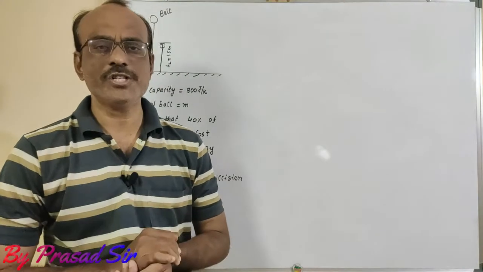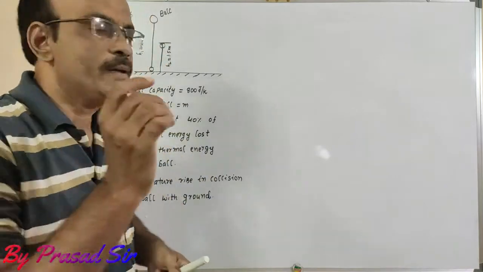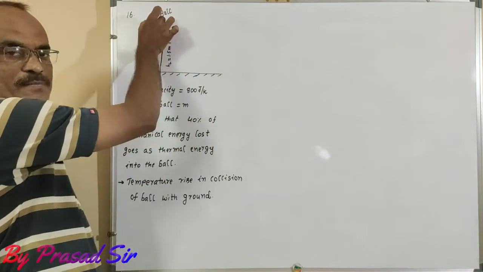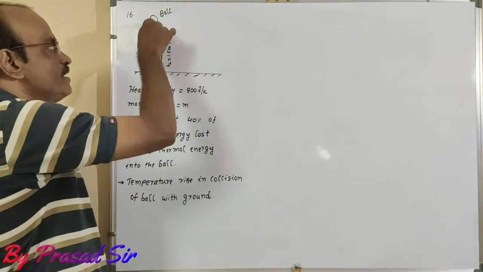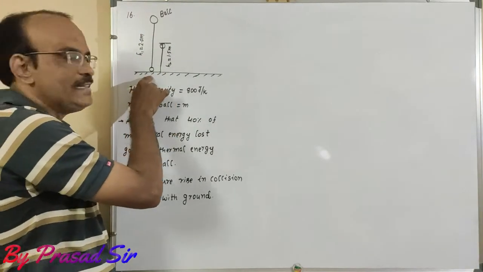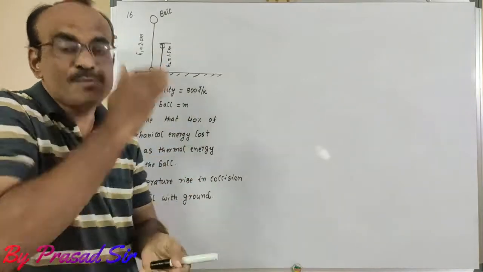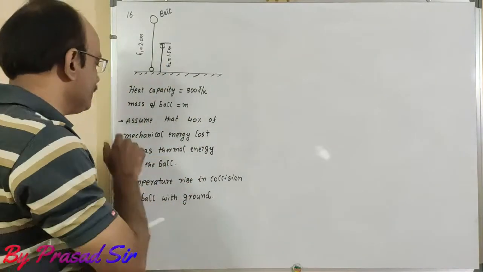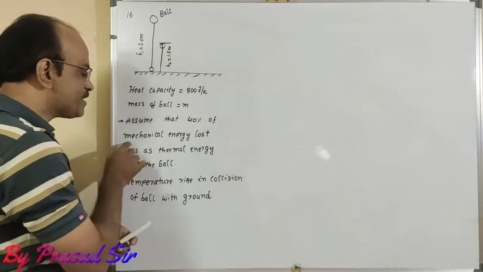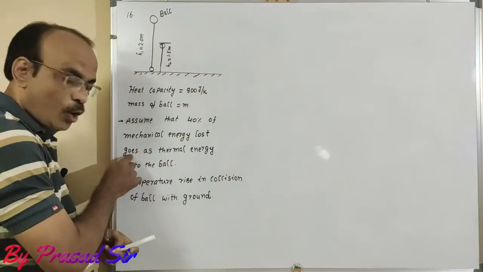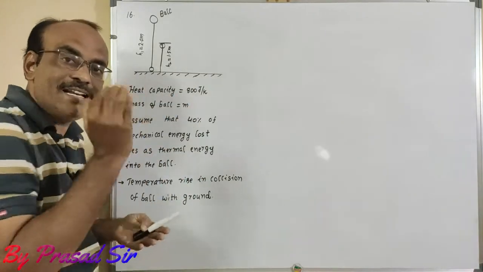Here in this question, first of all, a ball is dropped from a certain height, that is 2 meters. When it strikes the ground, it rebounds to a certain height, 1.5 meters. During this process, what happens here? Assume that 40% of mechanical energy lost goes as thermal energy into the ball.